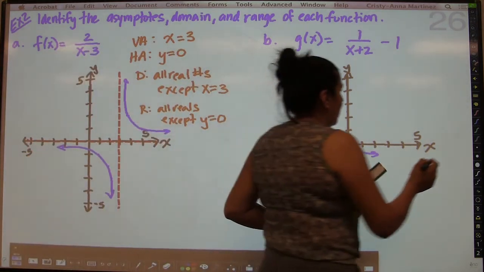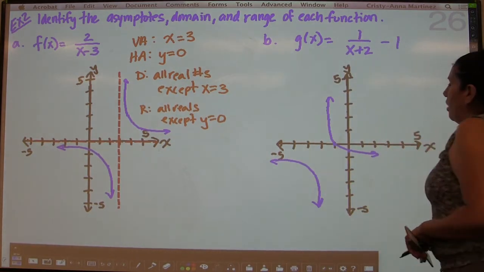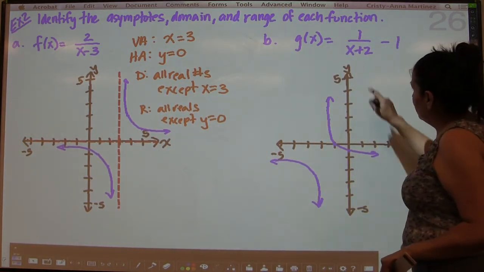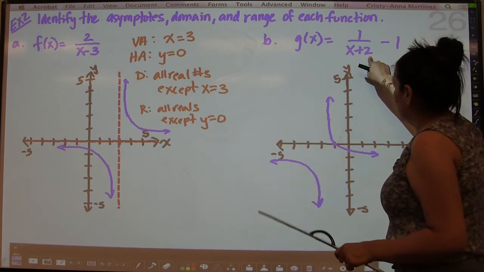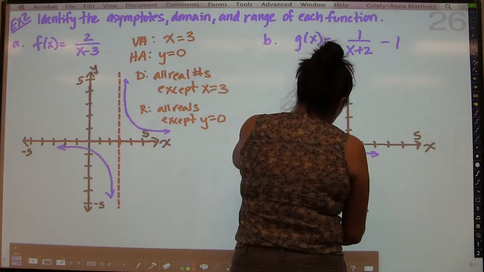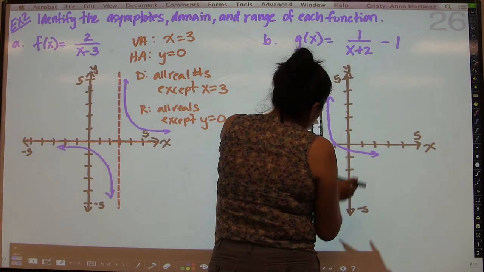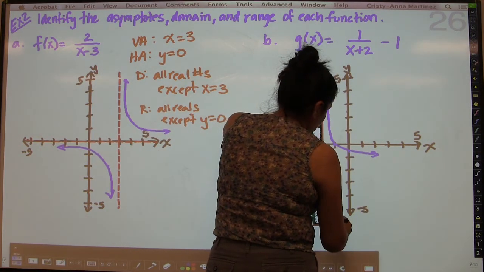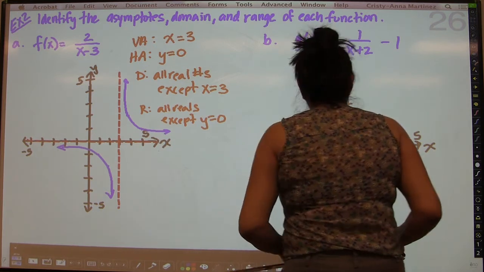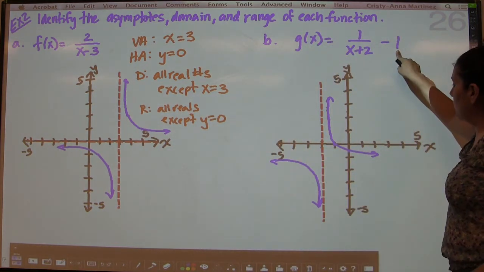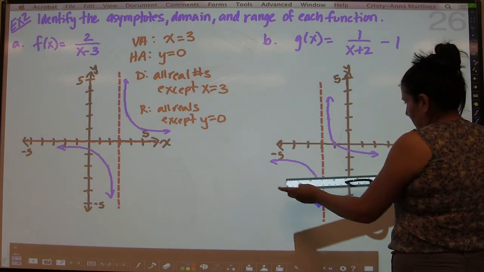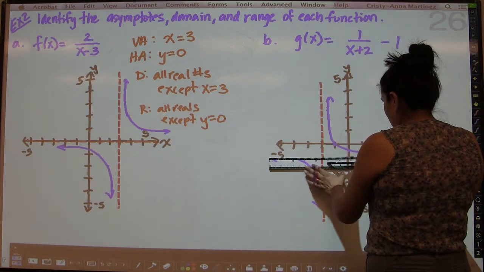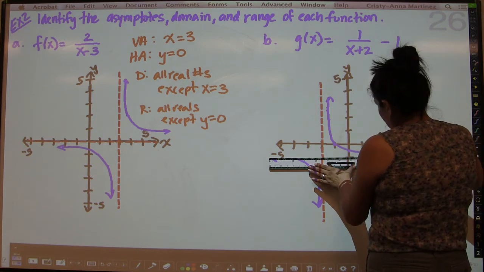And likewise, we're going to draw in our asymptotes. If you look at the x plus 2 here, that's going to give us an asymptote of x equals negative 2. So I'm going to go ahead and draw in that asymptote so you can see it there. But this time, because of this minus 1, we're going to see that the graph dipped below the x-axis, and it looks like we have a horizontal asymptote right here.